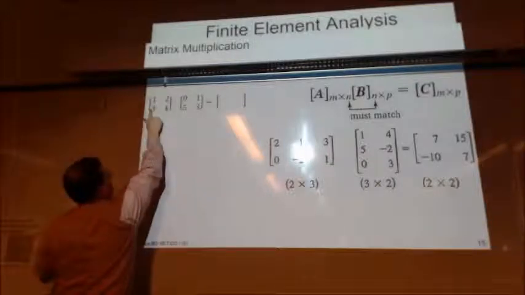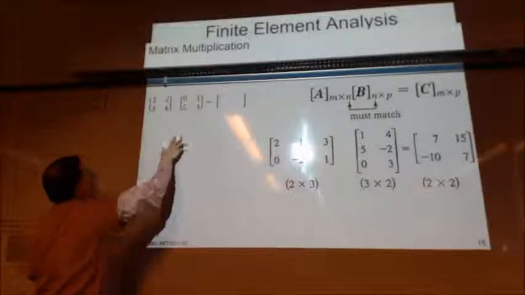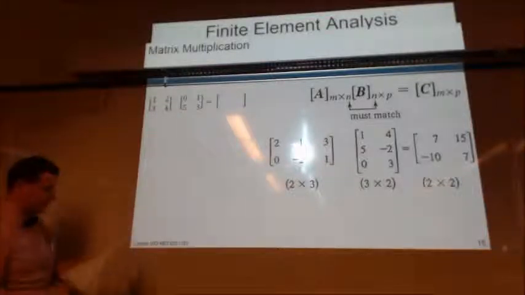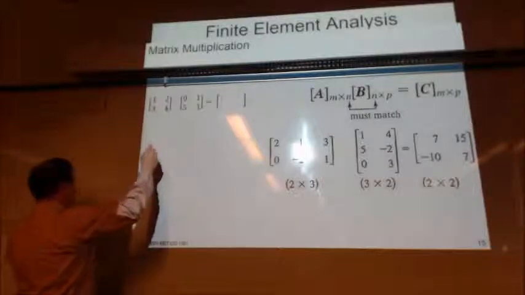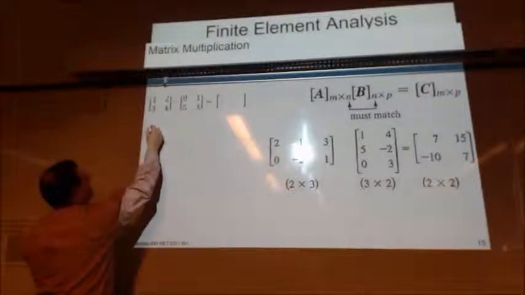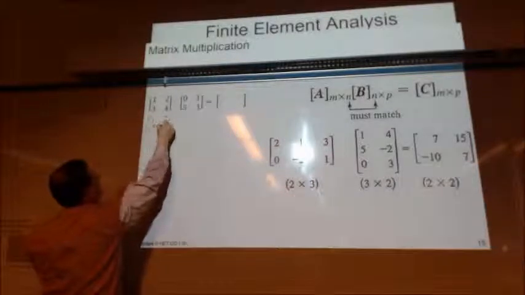And then we can take this row and multiply it by that column, or this column, excuse me. Okay? And we'll do both columns actually. So I'll write it out. 2, 3, 4.